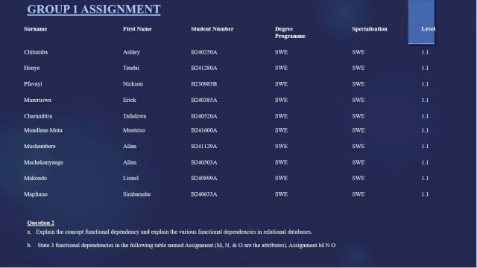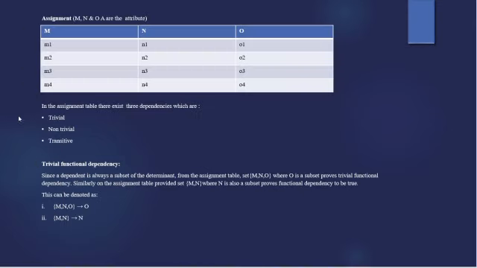So our job here is only to state, not to explain, 3 types of functional dependencies. So on this table we have got 3 types of functional dependencies, which are trivial functional dependence, non-trivial functional dependence, and transitive functional dependence.